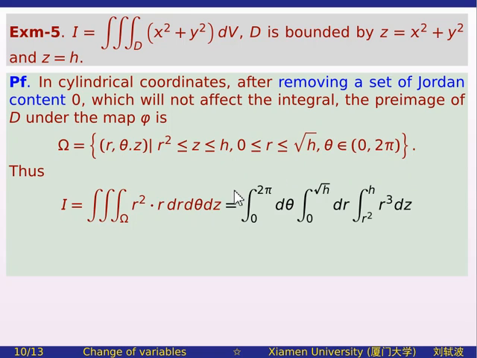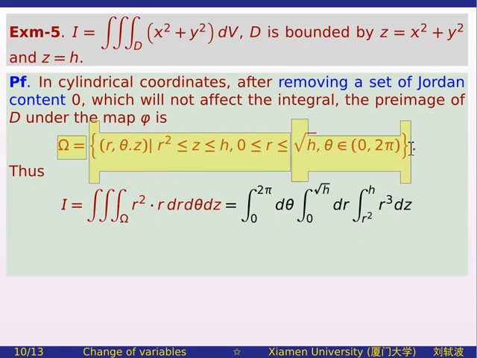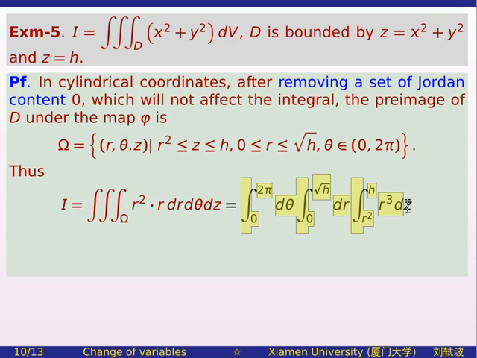So it is better to write this integral first integrated with respect to z, and then r or theta. So this integral over omega can be written as an iterated integral: for z from r squared to h, and then for r from 0 to square root of h, and for theta 0 to 2 pi.